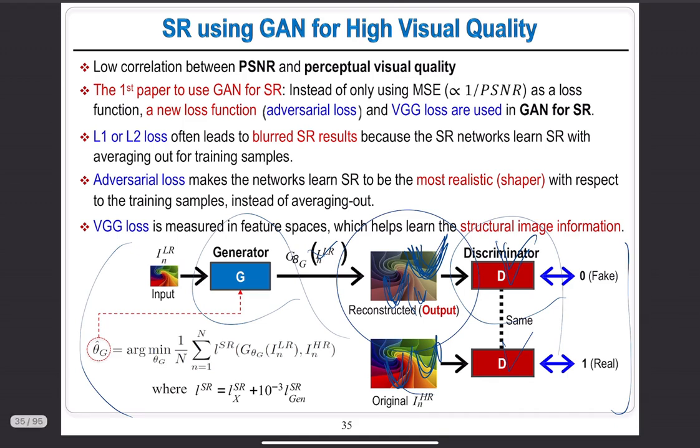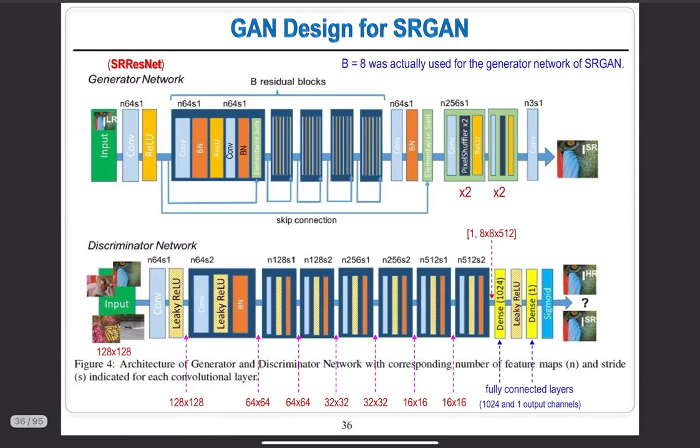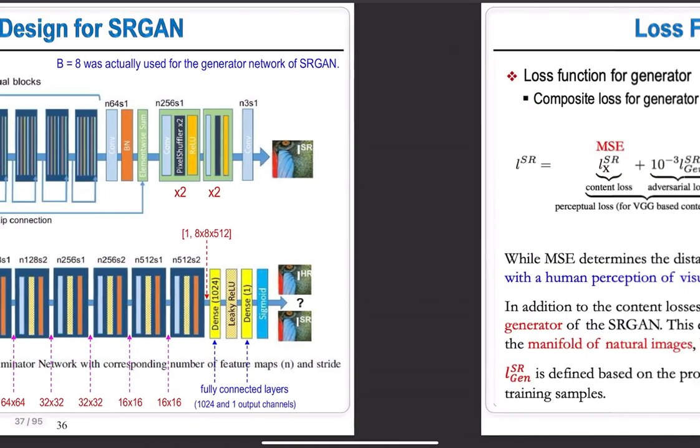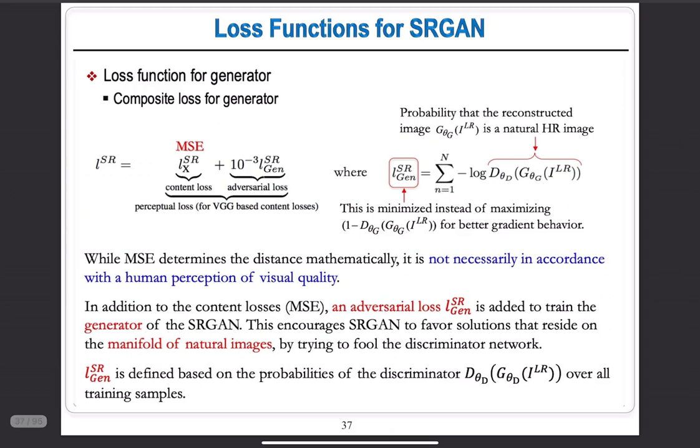can achieve. And the generator loss in SRGAN is a combination of several components, but this is not so important for you guys, and this one is what I want to talk about.